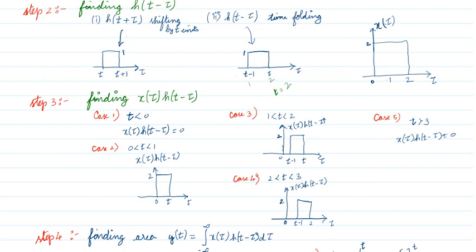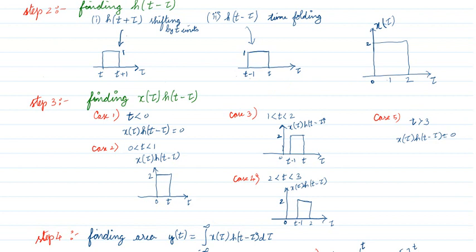Between 1 and 2 it is overlapping, right? And if you increase beyond 2, like 2.1, 2.2, 2.3, up to 3, what happens? The signal is only from 0 to 2, but this is going beyond 2. That is why the upper limit I have set to 2. The product, if I multiply this with this, the upper limit is 2 and the lower limit is t minus 1.